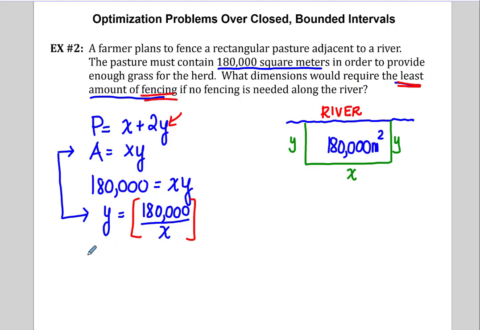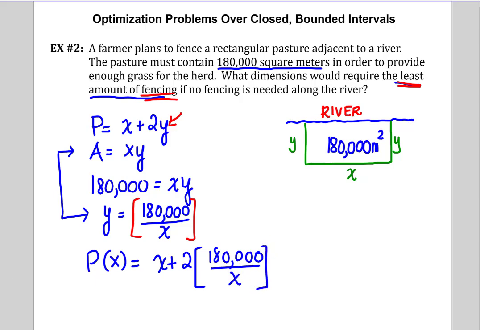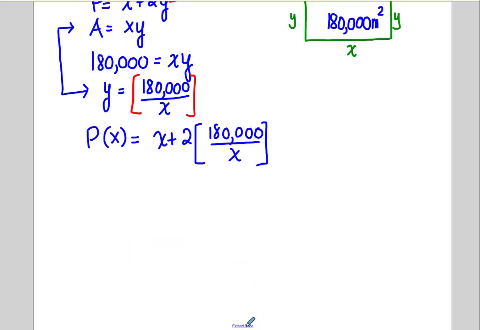So the perimeter in terms of x would be 1x and 2 y values, which is 180,000 divided by x. So there again we have the perimeter equation written in terms of x.